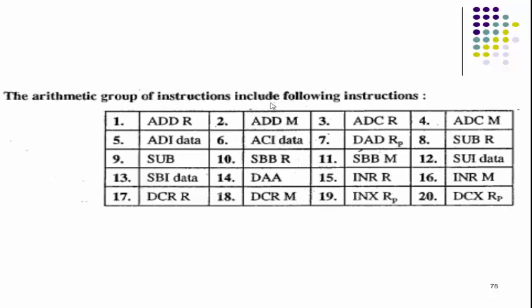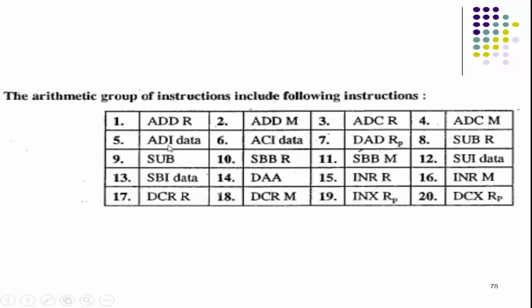Likewise, ADD M, ADC R. In this case, ADC R means add accumulator content with the specified register and the carry flag bit. Like this, the ADC M instruction is there.